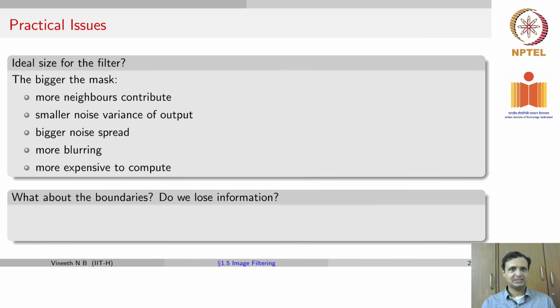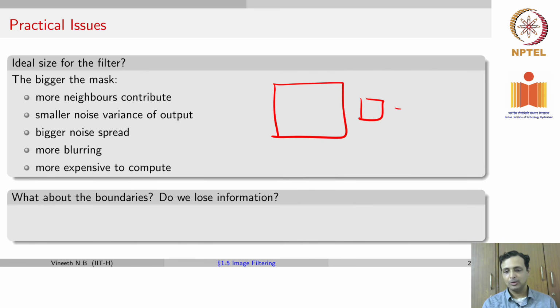What about the boundaries? This is perhaps a question that would have been in your mind all through. So when you do convolution, we said that if you have an input image and a kernel, you convolve and you get an output image. But we said that for a particular location in the output image, you have to place this 3x3 kernel at that particular location in the input image.